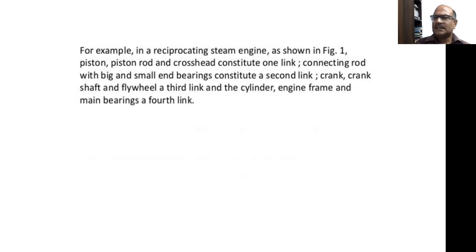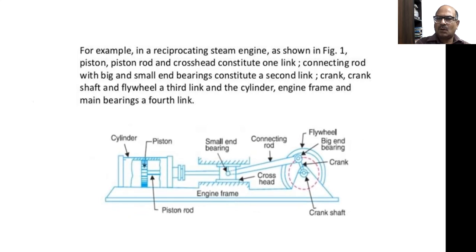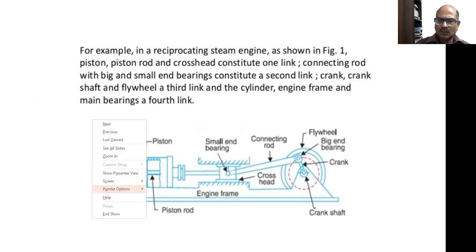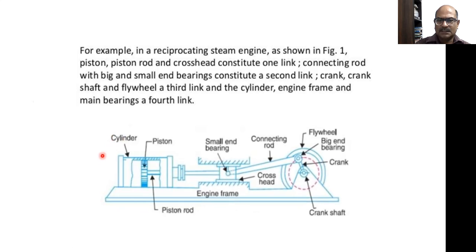Now, for example, in a reciprocating steam engine, as we are showing you in this figure, the piston, rod, and crosshead constitute one link. And you can see over here the cylinder, piston rod, small end bearing, engine frame, the connecting rod, and flywheel.